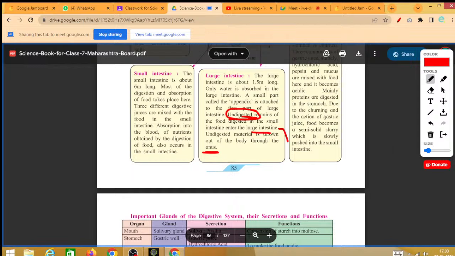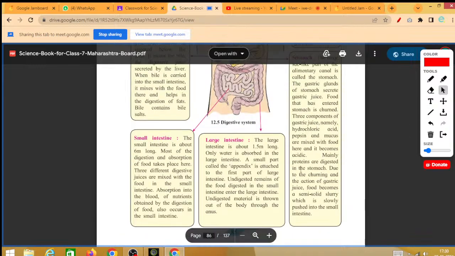Then inside the large intestine, water is absorbed. And then after water is absorbed, the undigested food still remains in the large intestine, which is thrown out through the anus. So every morning when we go and freshen ourselves up, we are actually throwing out the undigested food.